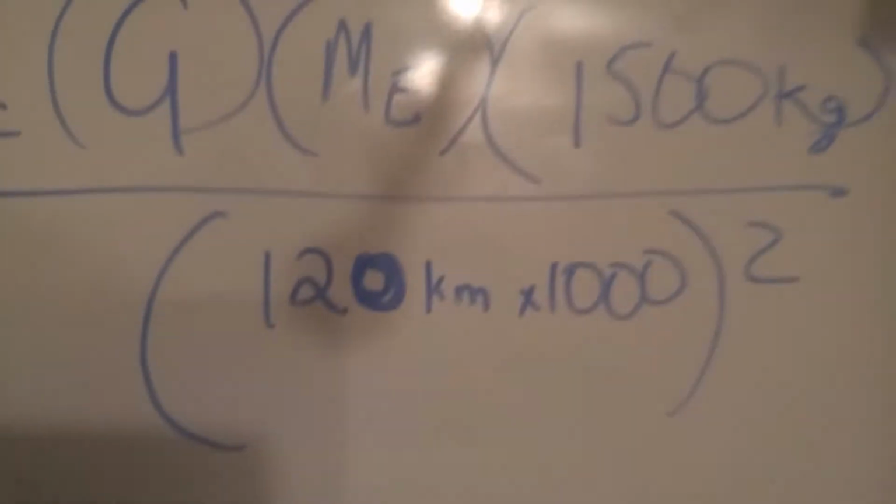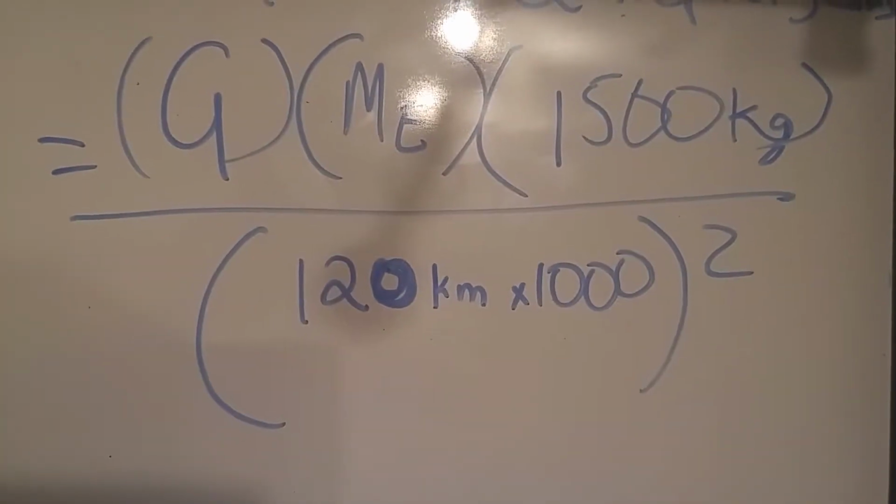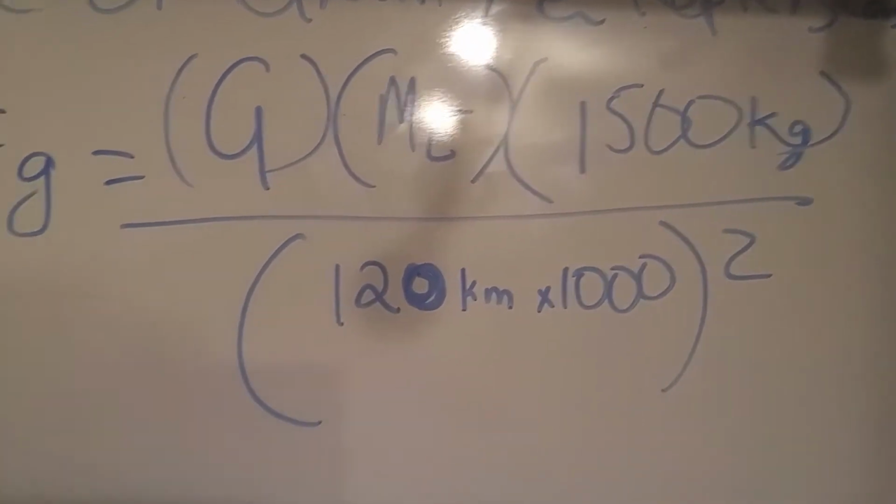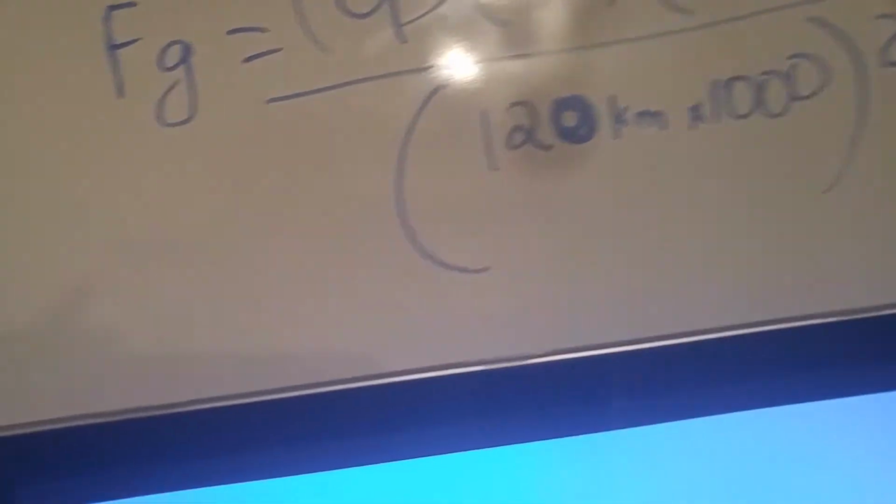And remember, make sure this doesn't trick you. It's in kilometers, so you have to convert it into meters. So 120 times 1,000, squared. We'll crunch that into our calculator.